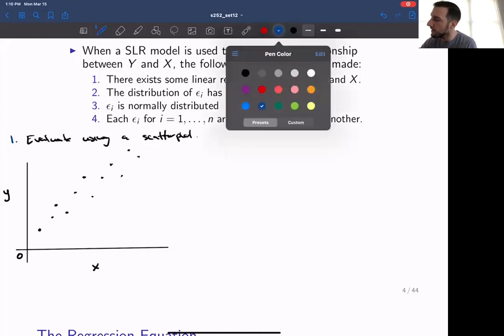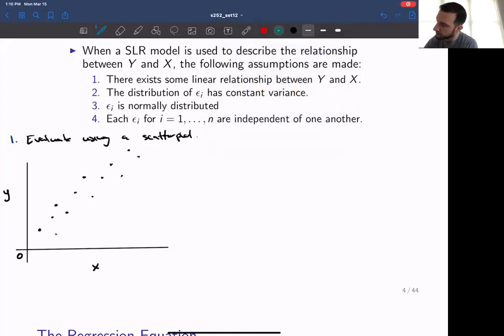Whereas something that looks like this, for example, that would not be reasonable, because that's very clearly not a straight line relationship. That's more of a parabolic relationship.